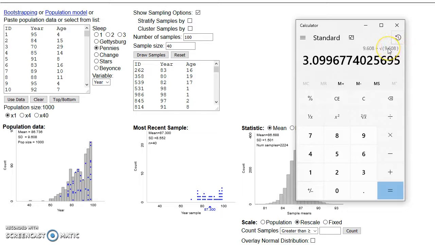9.608 divided by the square root of 1.501 gives us 1.